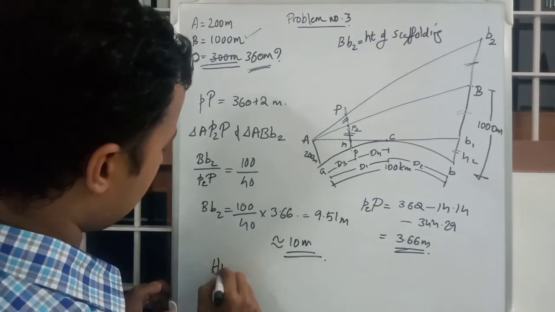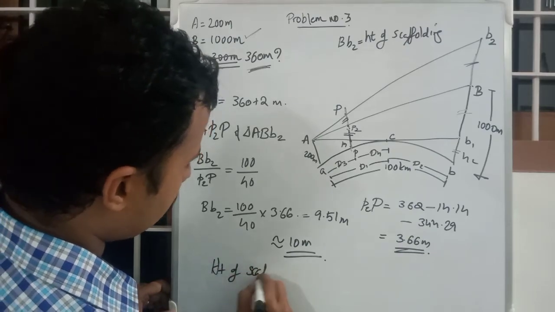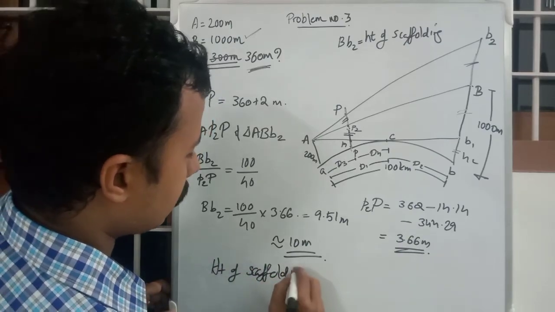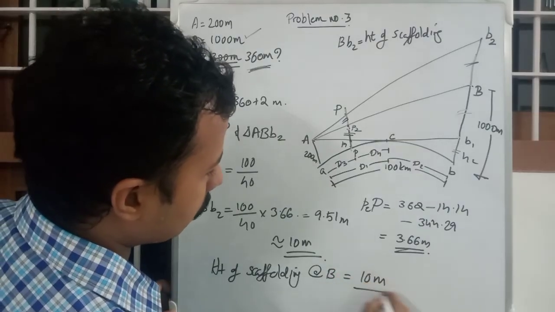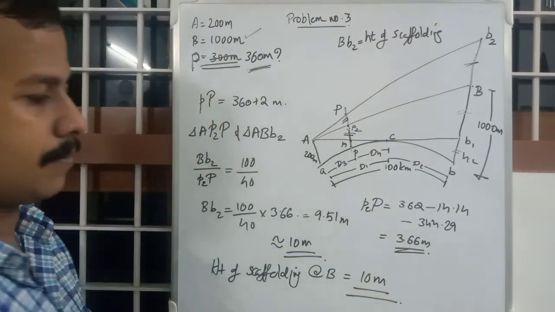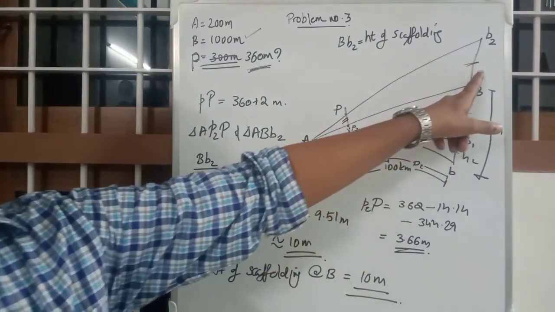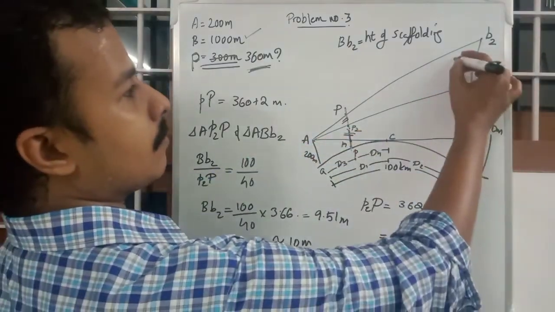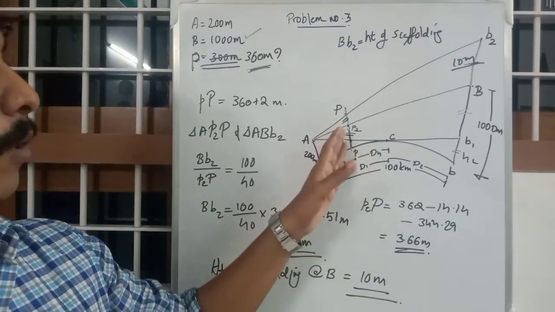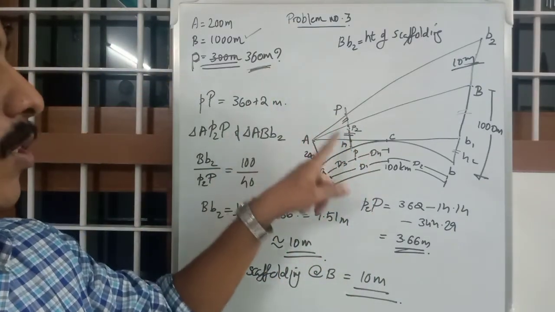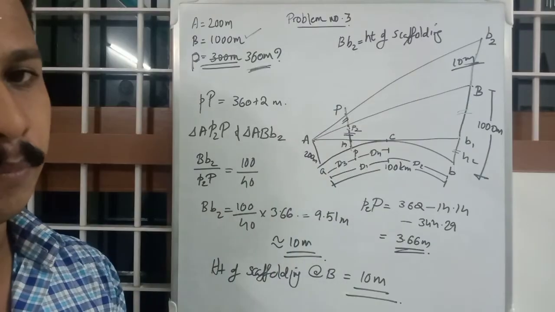So the height of scaffolding at B is equal to 10 meters. If you provide 10 meter height in here, you can overcome the height of 360 meters at peak P.